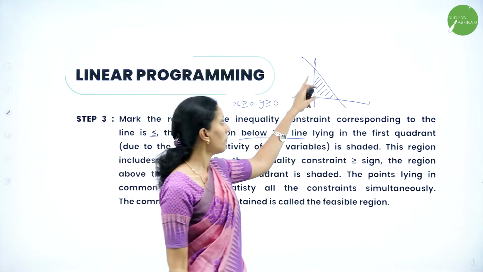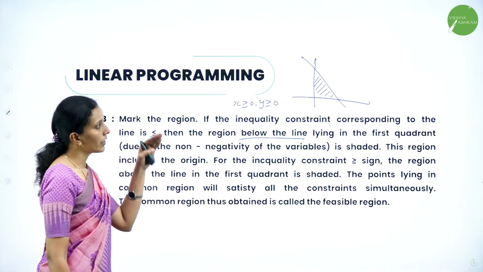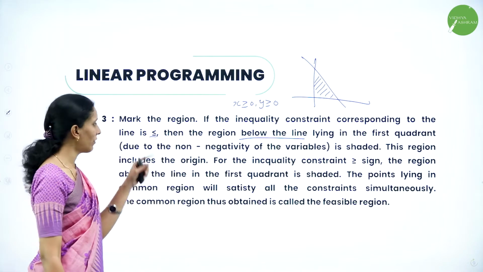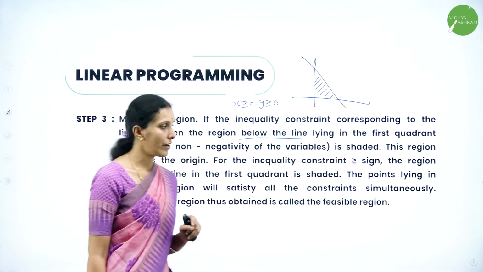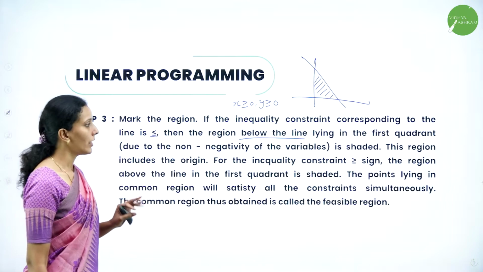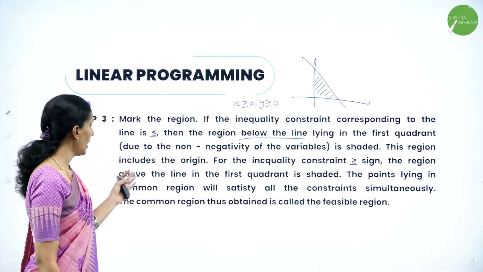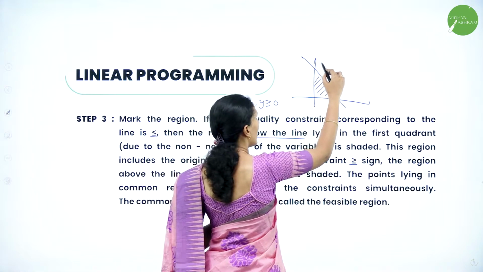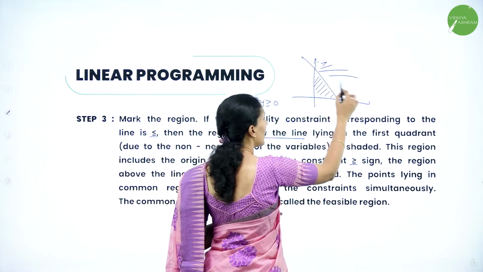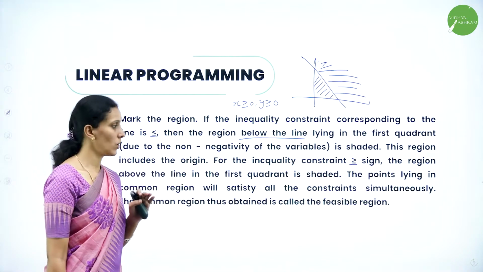We are taking only the positive solution, that is, x and y positive. So the region will be below the line if it is less than or equal to, and it will lie in the first quadrant. Next, for the inequality greater than or equal to sign, the region will be above the line in the first quadrant. Again, if it is greater than or equal to, this complete region is considered as the solution for the linear inequation.